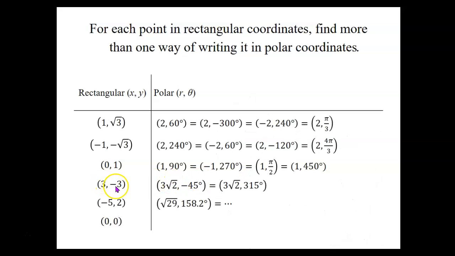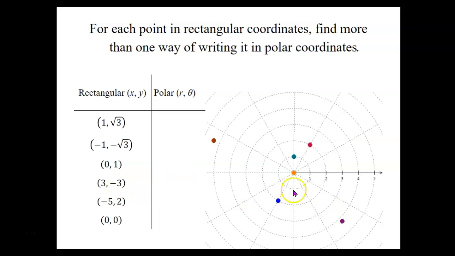The point (3, -3) has r equal to the square root of 9 plus 9, the square root of 18, which is 3 times the square root of 2, approximately 4.24 in decimal. And the angle, and notice this is in quadrant 4, where x is positive and y is negative, down here.